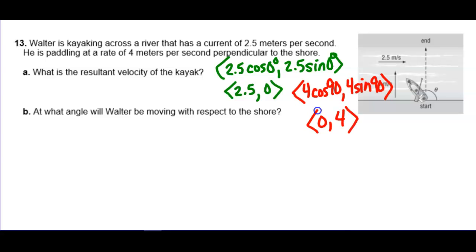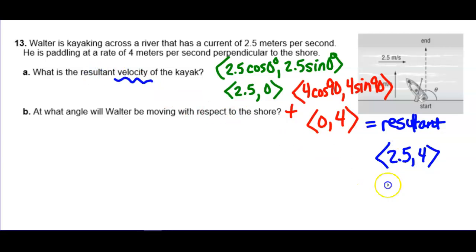Just to prove it, 4 cosine 90, 4 sine 90. Okay. Then the resultant, remember, means we add them. When we add those, we get 2.5, 4. To find the resultant velocity, we need magnitude.